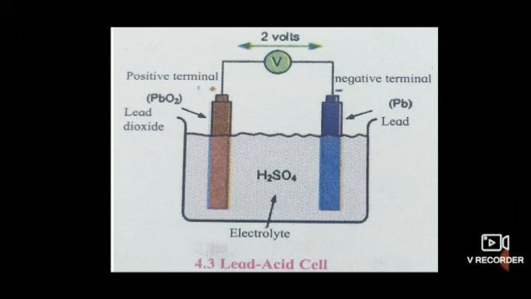These kinds of electric cells have a capacity to deliver large current. Hence, lead acid cells are used in cars, trucks, motorcycles and uninterrupted power supplies, that is UPS.